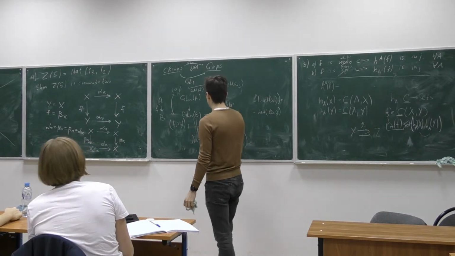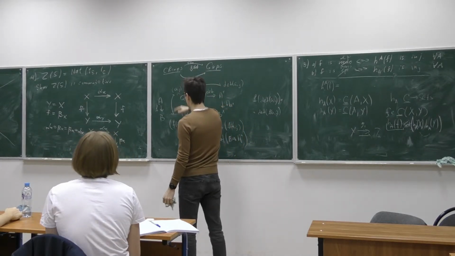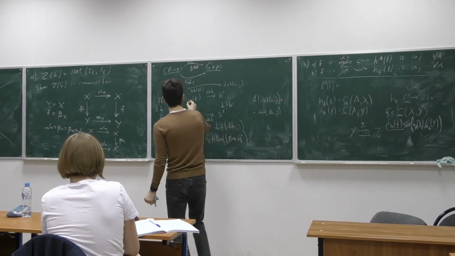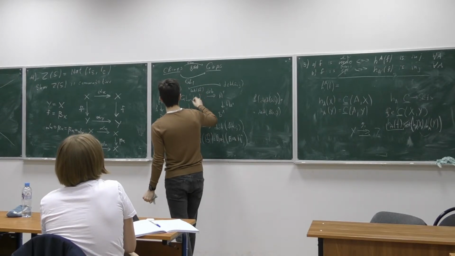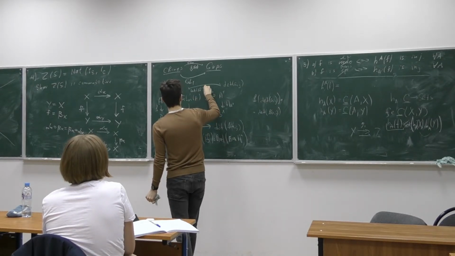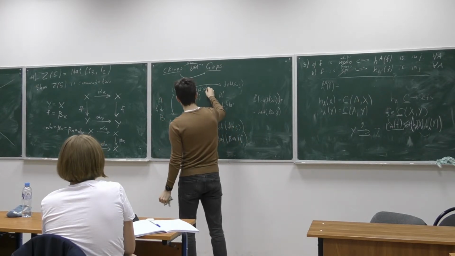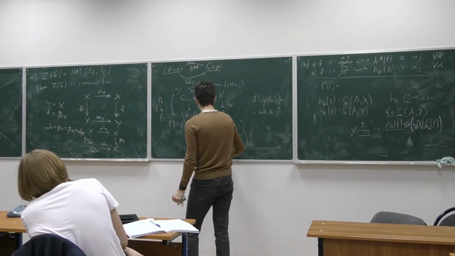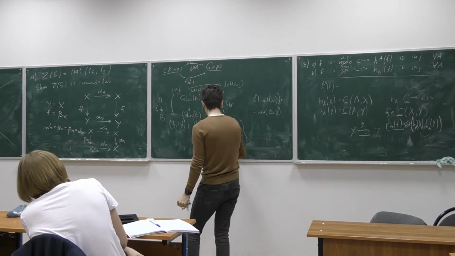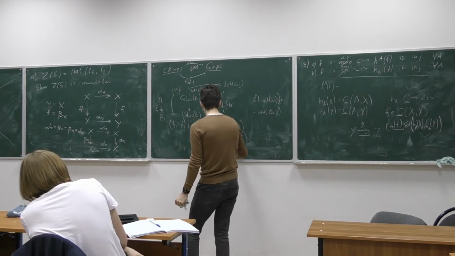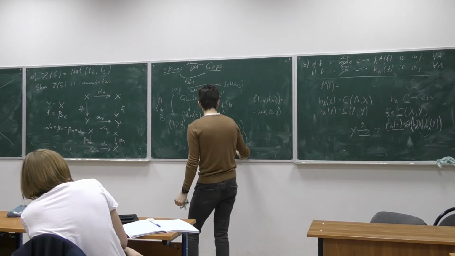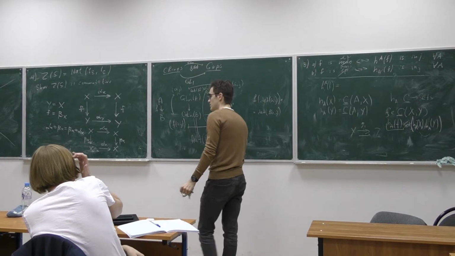So how this map works, it takes alpha from here, and it maps it to identity on B tensor alpha.